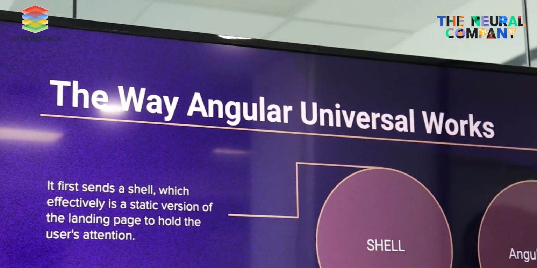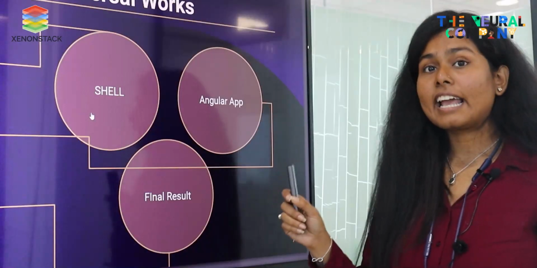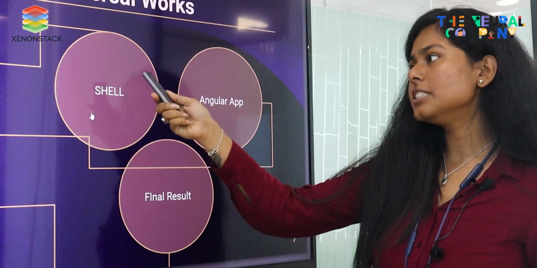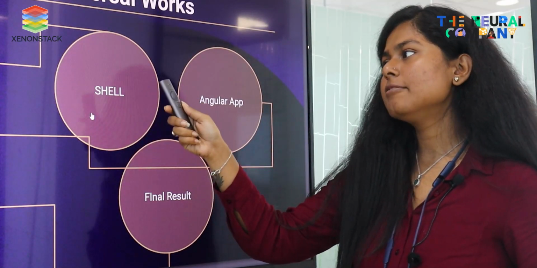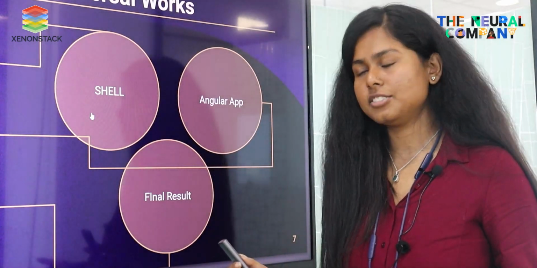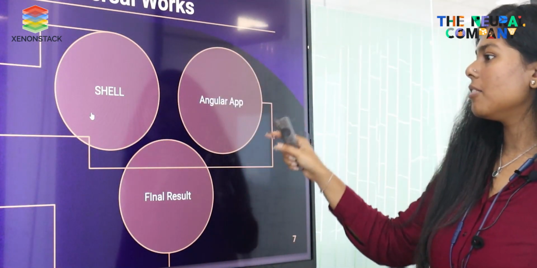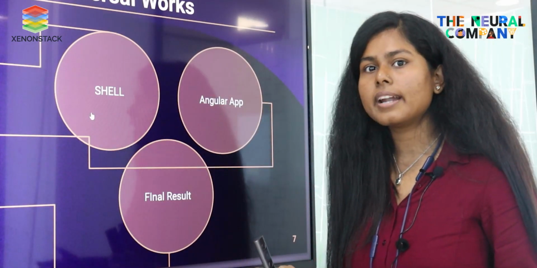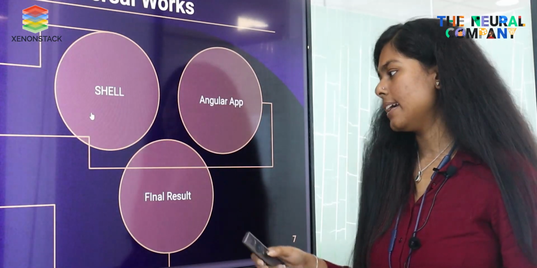So now let's learn how Angular Universal actually works. It has 3 main parts. First comes the shell. It sends the shell, which is an efficient static version of the landing page, to hold the user's attention. Next comes the Angular app. At the same time, the Angular app is getting loaded parallelly on the backend side.